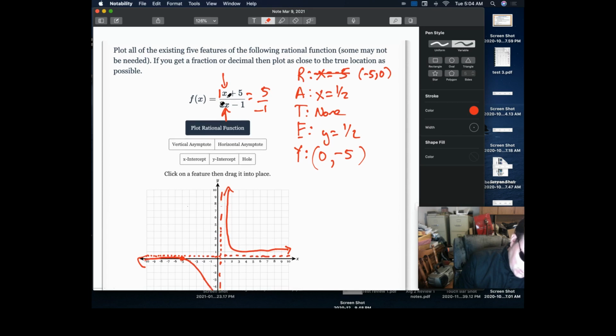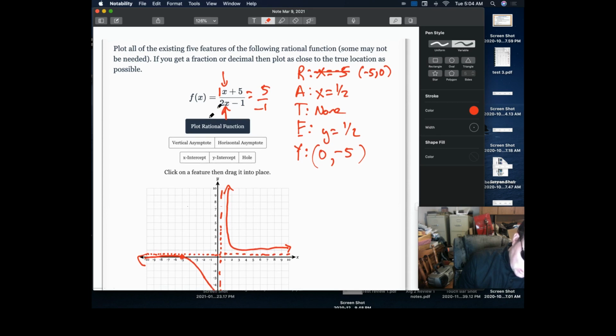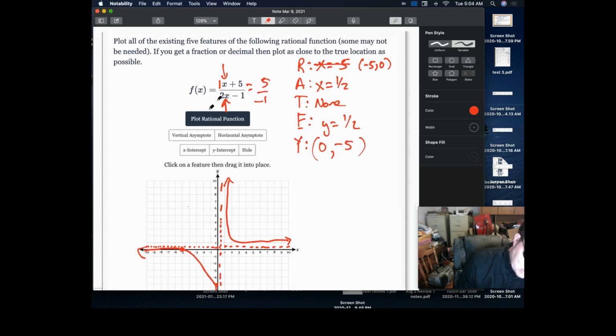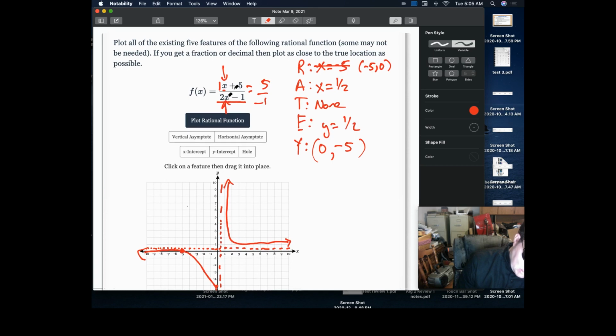Okay. What I was originally going to say is if you look at this, if you're plugging in positive values, this is 2 times a positive value minus 1, right? So if you're plugging in positive, for the most part, the denominator is going to be positive. And if you plug in a positive value for x, a positive times a positive is positive. So this thing is positive divided by positive, right? But remember, there's one restriction where this is not the case, and that's values less than 1/2.